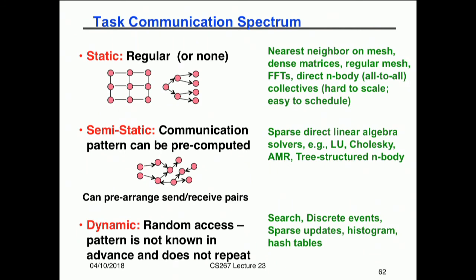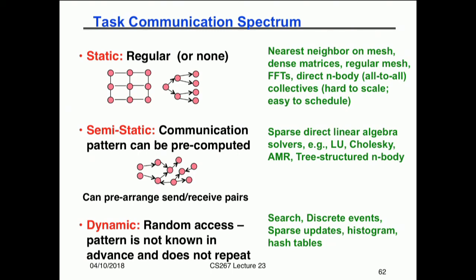So you've got a bunch of tasks, but they're not entirely independent. They do have to communicate from time to time. How you assign those tasks to processors can depend both on getting good load balance and on getting good communication. You'll see this come back.